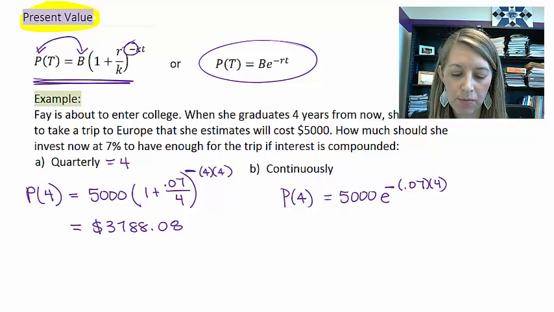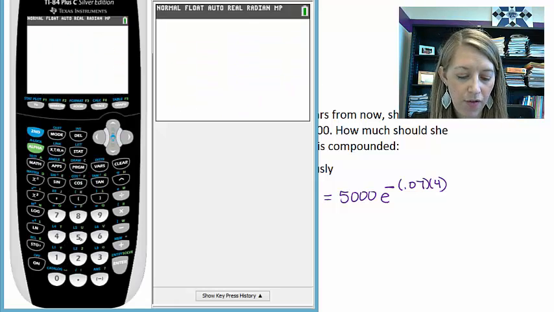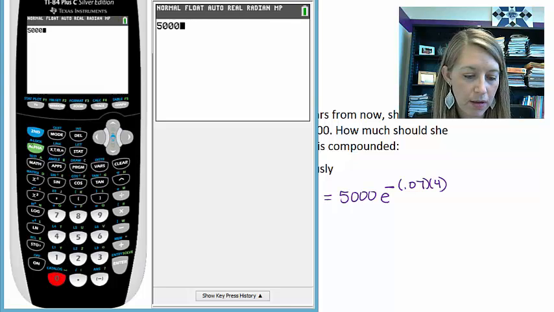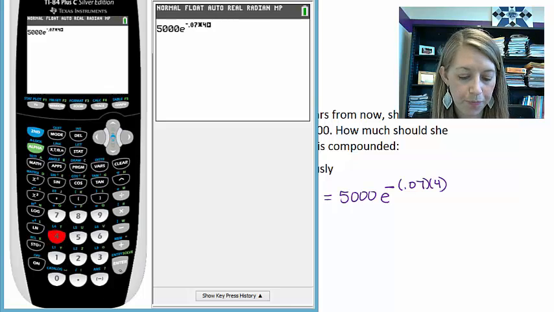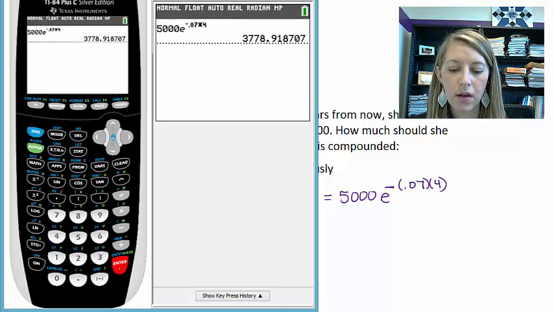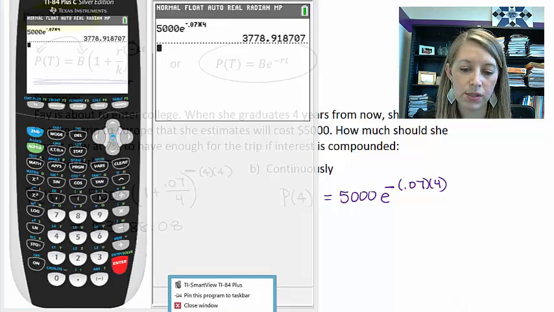So all I need to do is type this into the calculator, 5,000 e to the negative 0.07 times 4. And so this amount is $3,778.92.